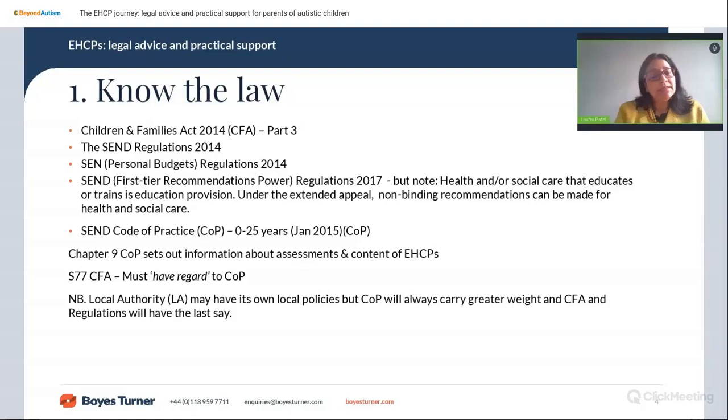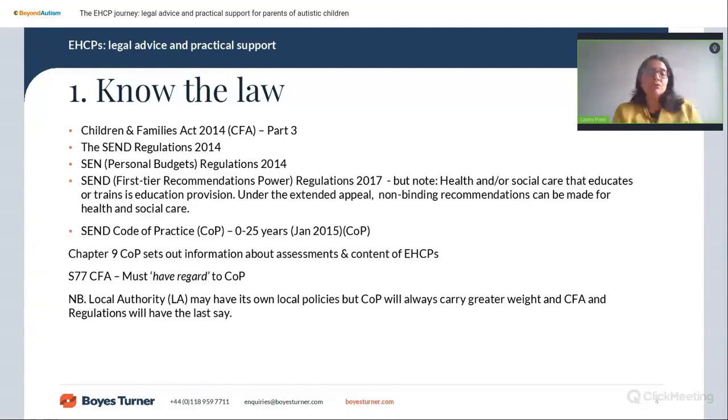Chapter 9 sets out the information about assessment and EHCPs. Under Section 77 of the Children and Families Act, anybody working around EHCPs, local authorities, schools and so on, must have regard to the guidance in the Code of Practice. So they mustn't deviate from that unless they have good reasons to.